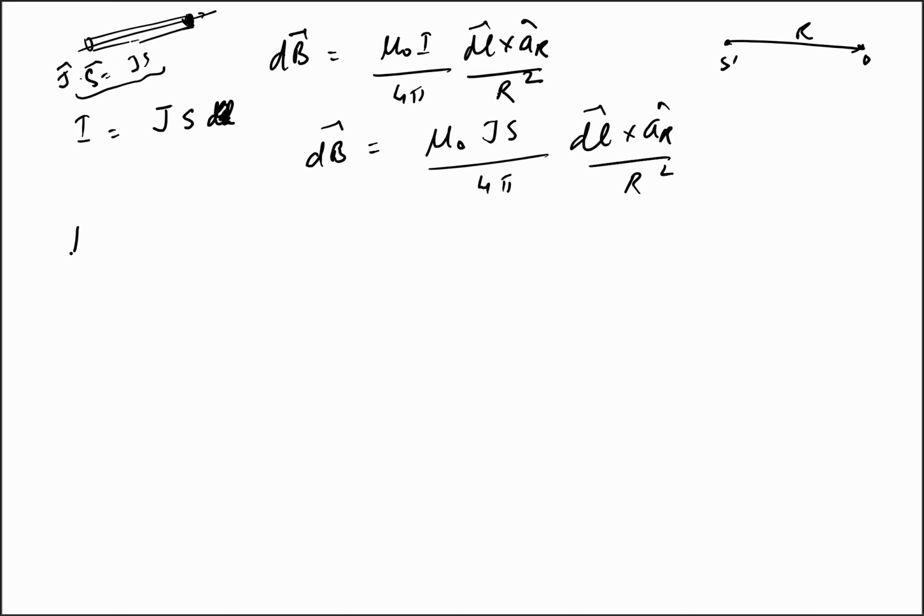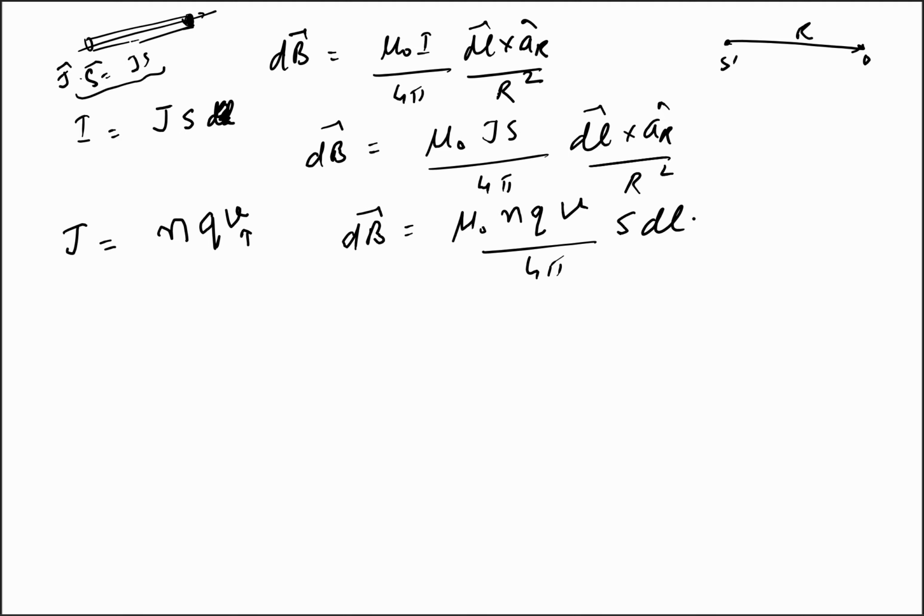Now J, we have seen in our previous lecture, is simply written as nqv, if there are n charges per unit volume and v is the speed, the velocity of the charge carriers. So I will write in place of J: mu naught n q v over 4 pi, s dl dash cross ar over r square.